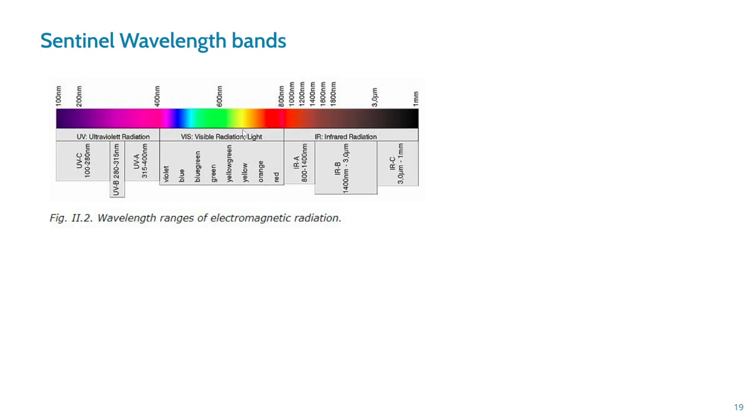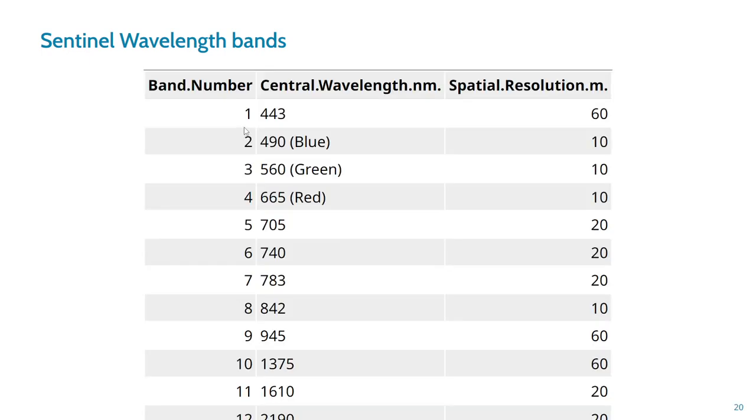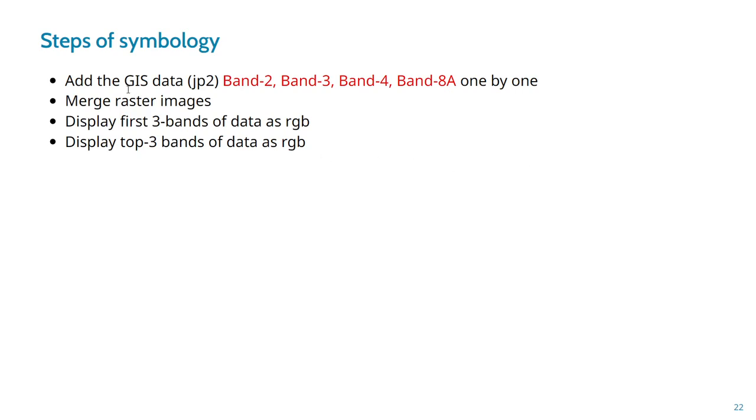So let us see. The Sentinel captures different bands. The intensity of each wavelength band is captured in band 1 and so on, and the resolution of each band is written here. We have extracted only these 4 bands of data in this zip file, although there are 13 bands provided by Sentinel.